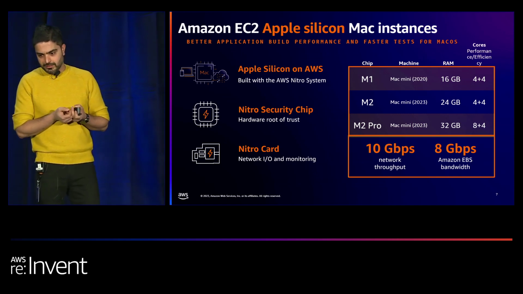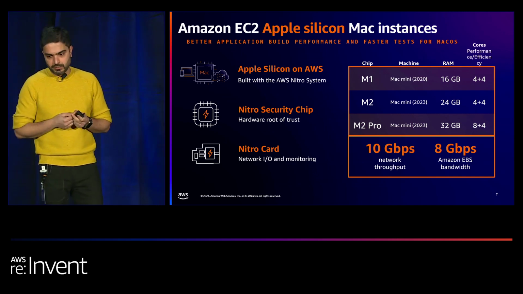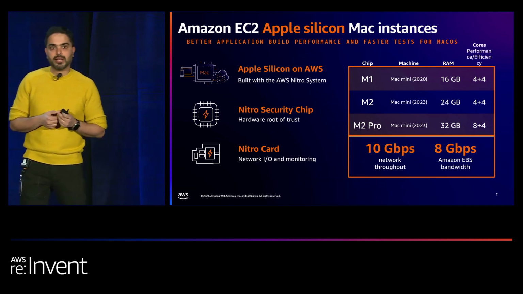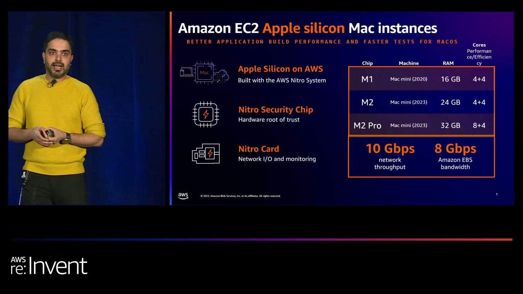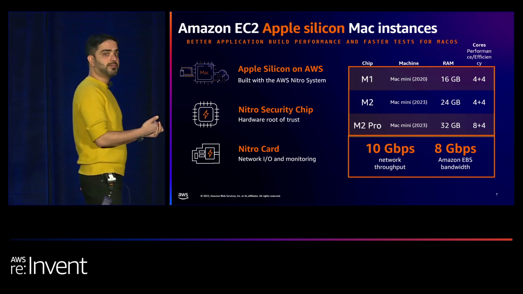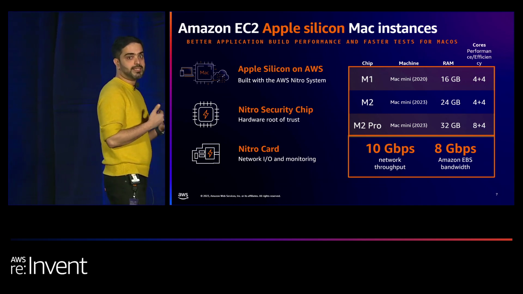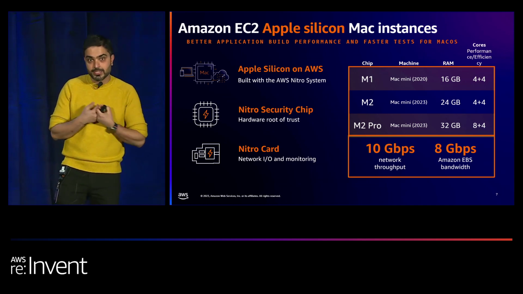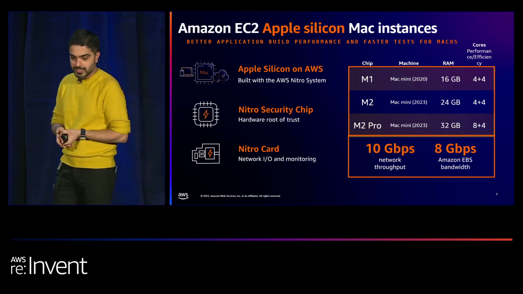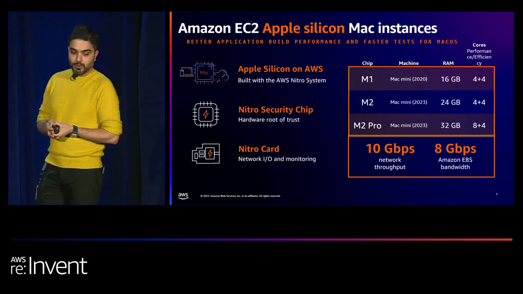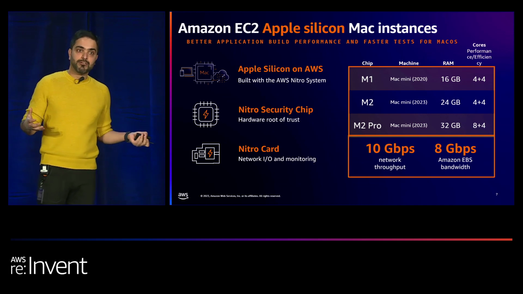This year, in Q1, Apple launched both the M2 and the M2 Pro-based Mac Mini. And in the third quarter, just months after Apple's release, we were able to get these M2 and M2 Pro-based EC2 Mac instances into the hands of our customers. Both M2 and M2 Pro are generally available today.